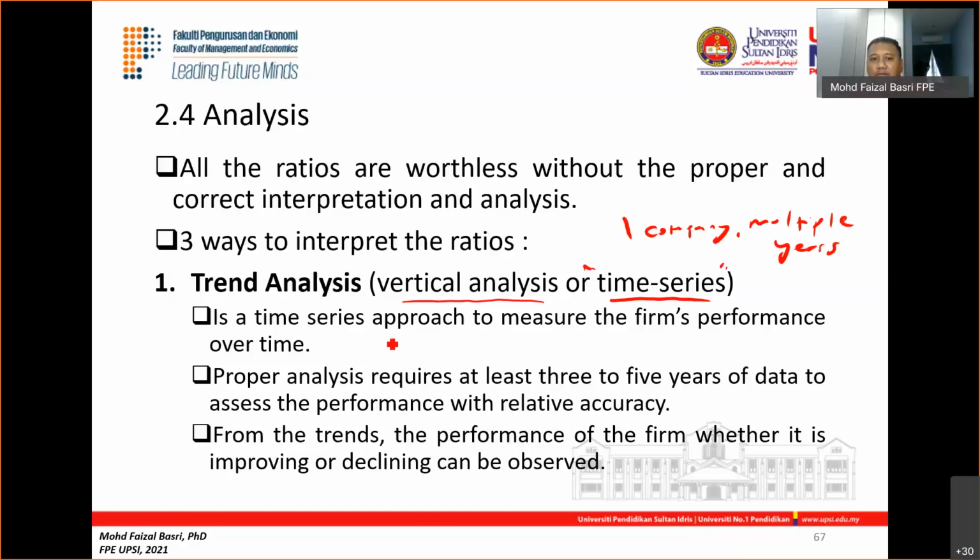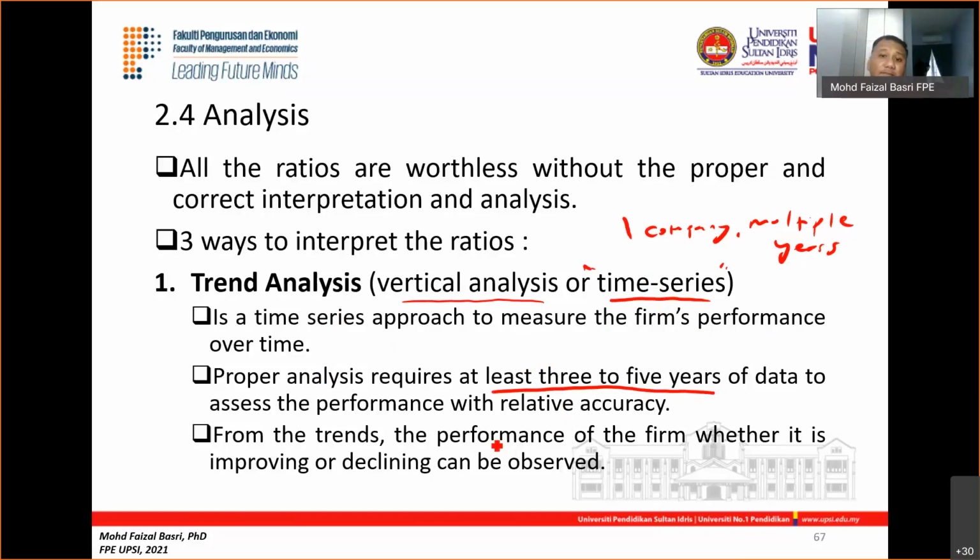So it measures the performance of one company over time, and you should have at least 3 to 5 years of data. I'm not sure, this question is rather simple, because again, I didn't prepare the question. They just ask you to do 3 years. For me, I would ask you to find at least 3 years.